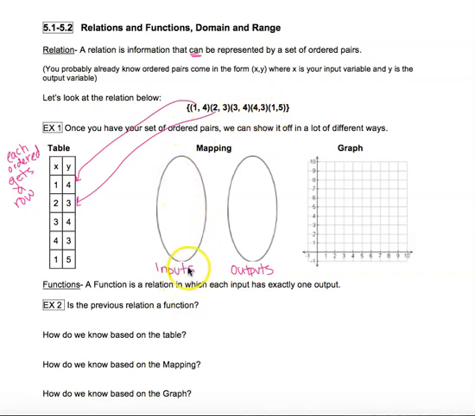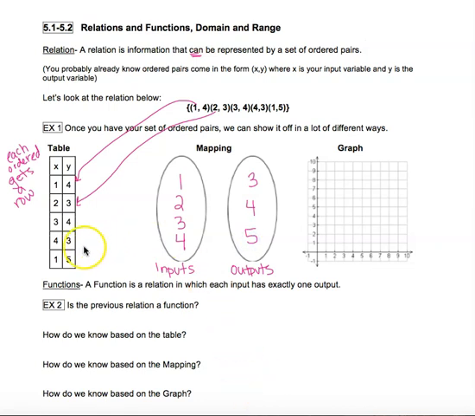I don't need to list it twice. You only list each value one time that appears. So 1, 2, 3, and 4 are the only separate inputs that I have. The outputs that I have are 4, 3, 4, 3, and 5. So 3, 4, and 5 are the outputs.